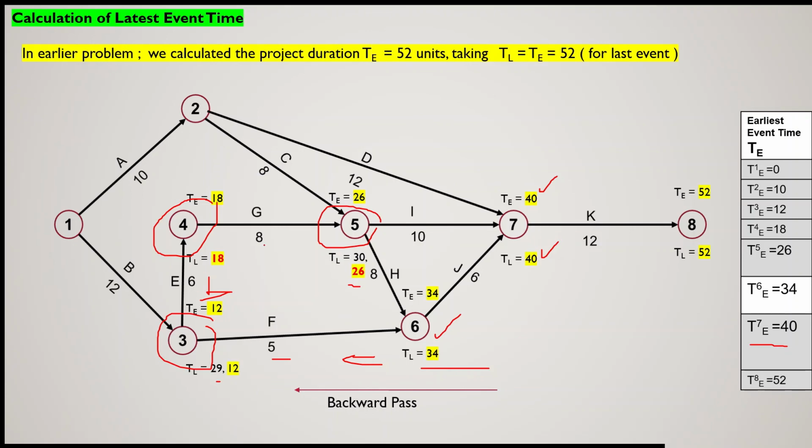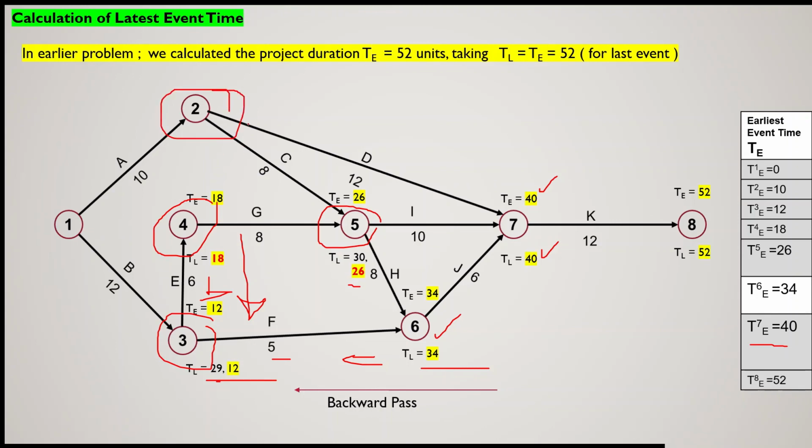But if you go from 4 to 3, then it will be 18 minus 6, 12. So we will take the least value, that is 12. So the earliest possible occurrence time of event number 3 is 12 days, and the latest possible occurrence time is again 12.